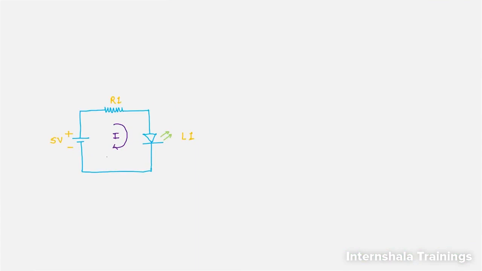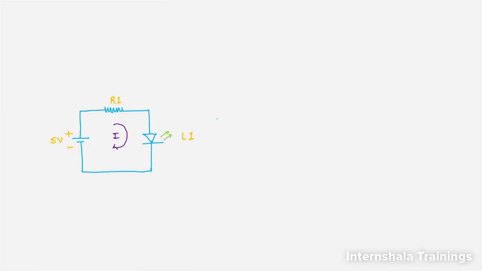In this circuit, this resistor is responsible for controlling the amount of current which will flow through it. By adjusting the value of this resistor, we can limit the current flowing through the circuit, and based on that, we can control the intensity of this LED. That's the first example.